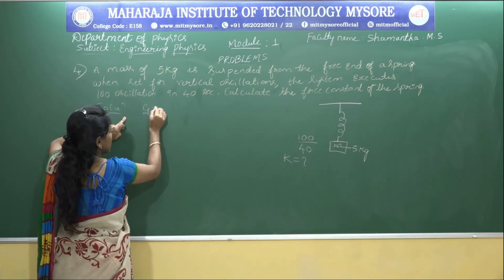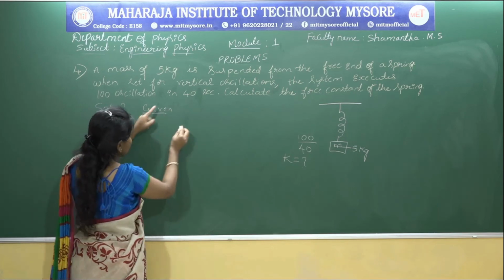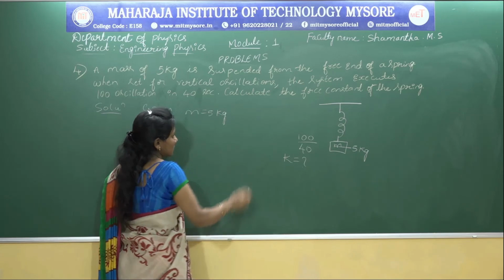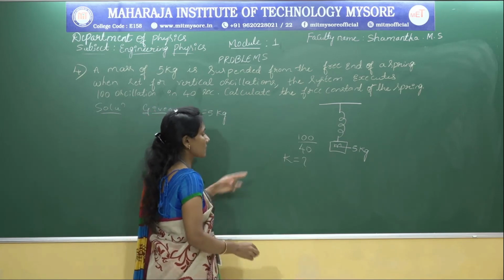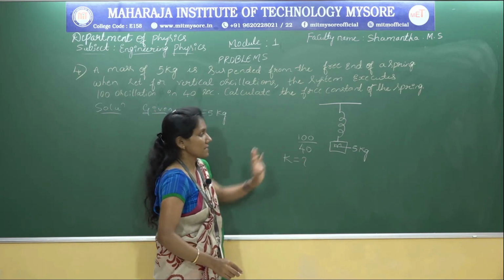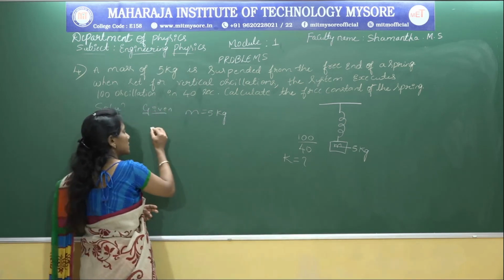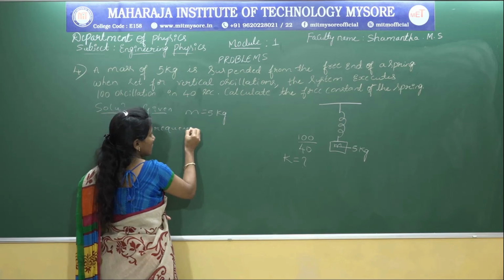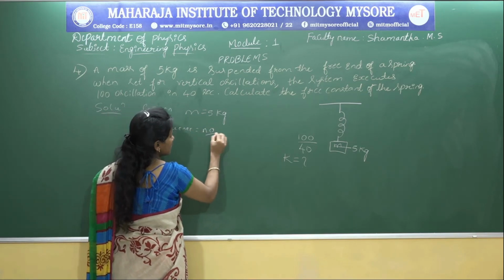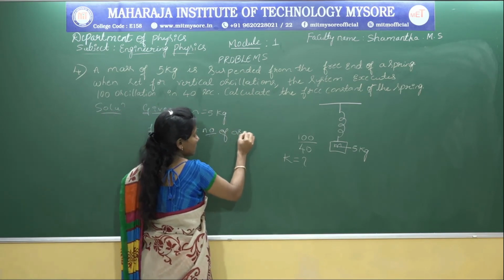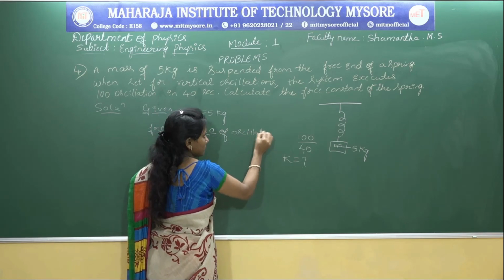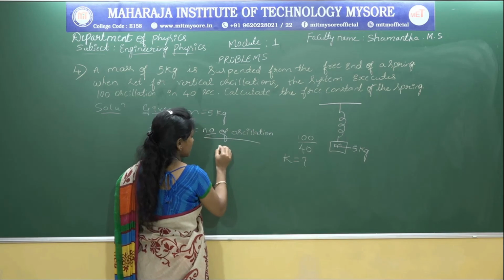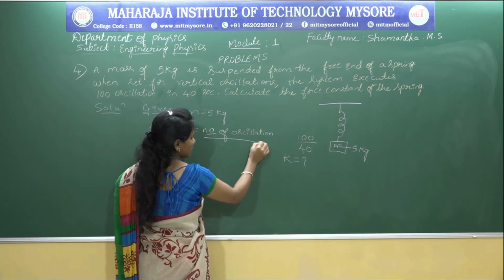So, what are the given things? Write it. Mass is equal to 5 kg, and here oscillations is given, 100 oscillations per 40 seconds. So, that means frequency. So, frequency is equal to number of oscillations per second.